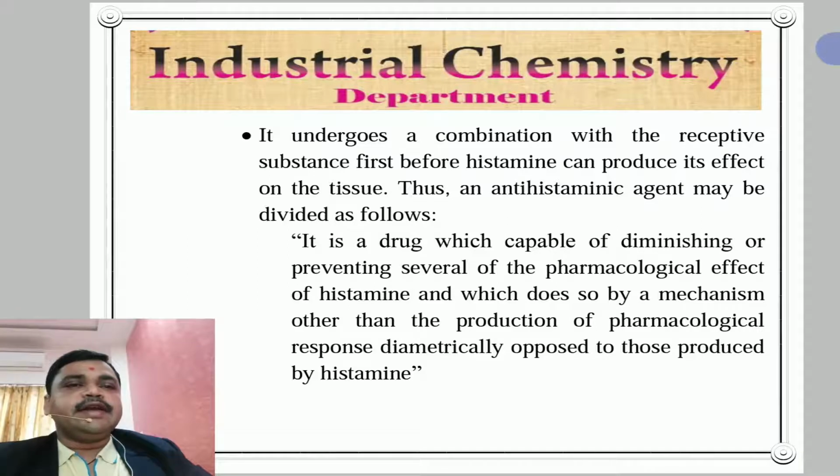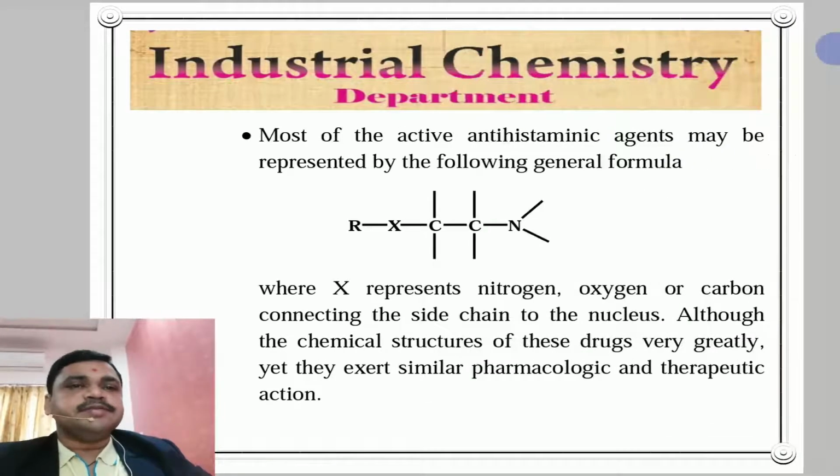It is a drug capable of diminishing or preventing several of the pharmacological effects of histamine, and which does so by a mechanism other than the production of pharmacological response diametrically opposed to those produced by histamine.